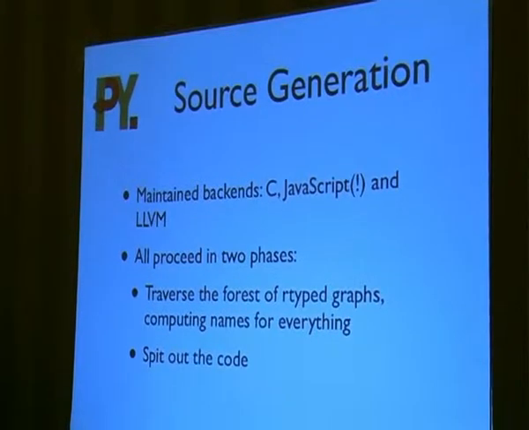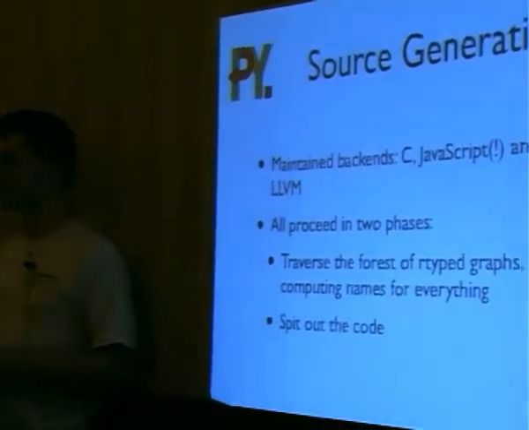All the newer versions of source generation work in two steps. We go through every graph and work out what each variable is going to be called, essentially, and what type in the low-level language it will have. Then we just go through each graph in turn and translate the operations.